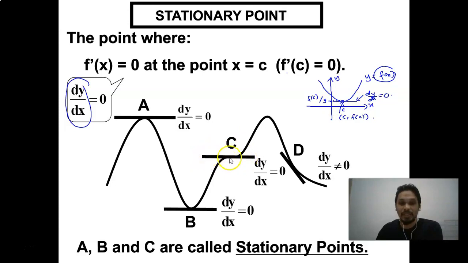We say dy/dx is parallel to the x-axis. A, B, and C are called stationary points, and the other point, because dy/dx is not equal to 0, is not one of the stationary points in this graph.